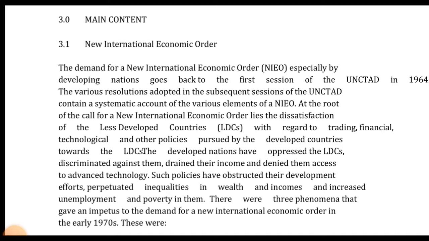The United Nations Conference on Trade and Development is a part of the United Nations Secretariat dealing with trade, investment and development issues.